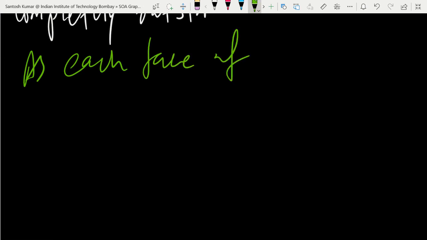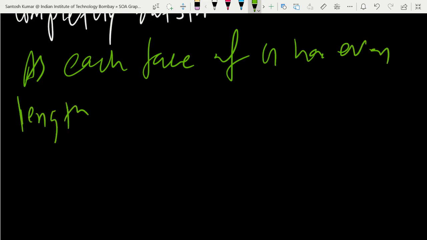We have started by assuming statement B, so every face of G has even length.